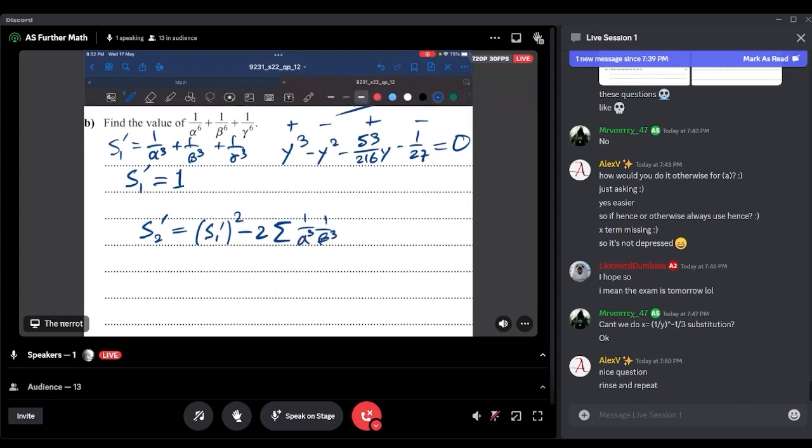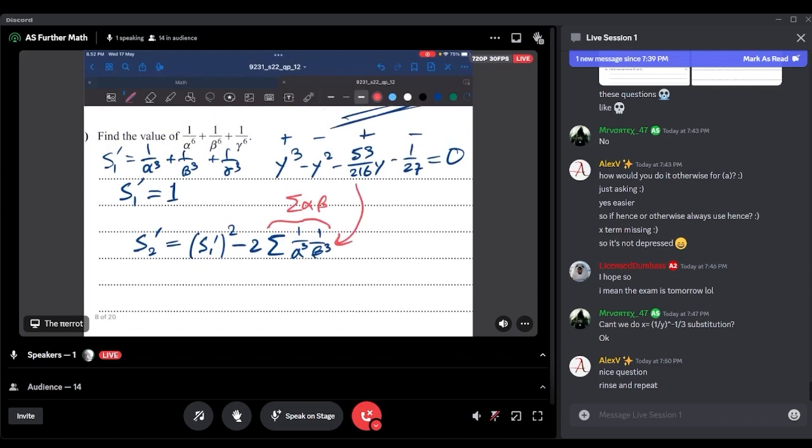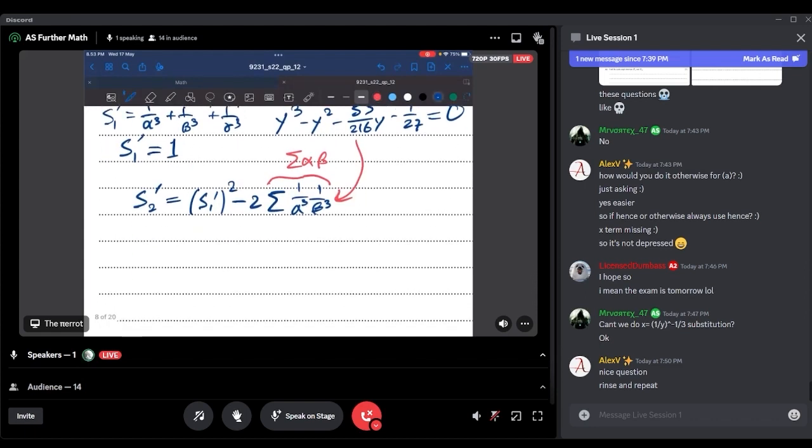Well, essentially this is just like that, but in our case, because the roots are 1 over x cubed, I write it this way. But anyways, this is just this value right here. It's basically just negative 53 over 216. So we can just plug in and solve.